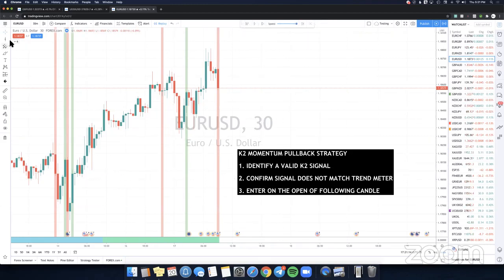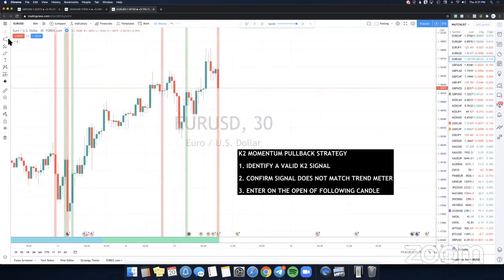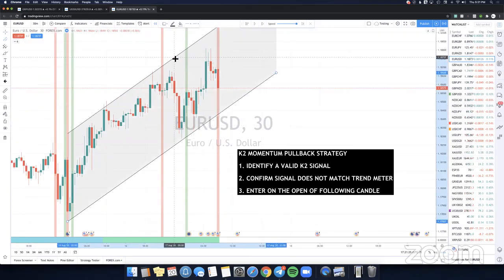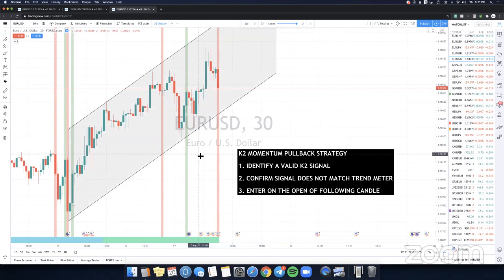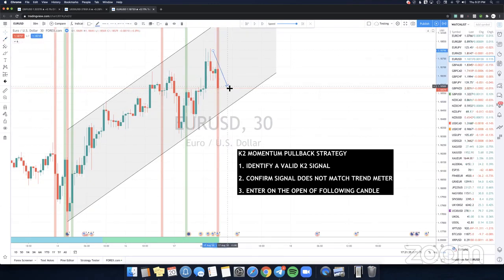If the trend meter is angling up, like it is right here, and we get a valid K2 signal against the trend, what do you think is going to happen next? This is only a minor pullback, and once we get a buy signal, it's probably going to shoot back up, right?